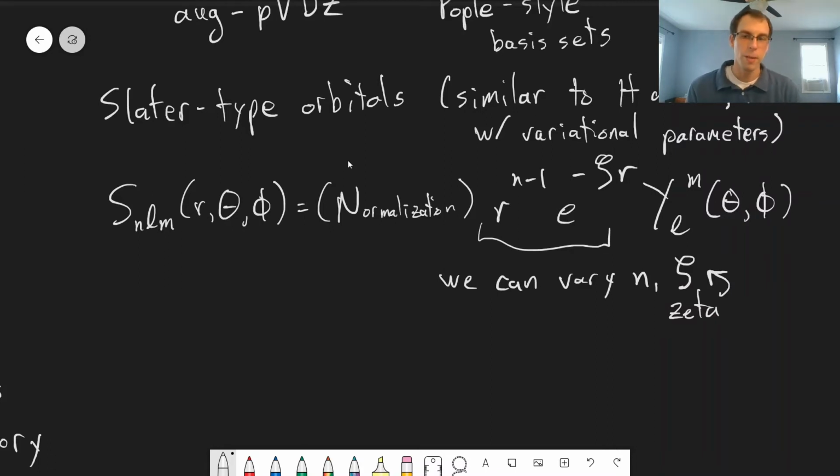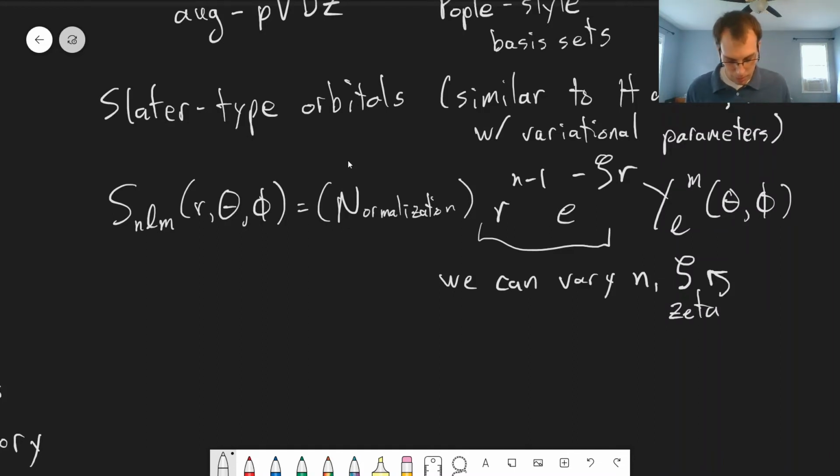Okay, so Slater type orbitals are great. They have the right sort of functional form. We have this negative exponential in the radial part of the wave function. We have this polynomial r to the n minus 1 that shows up. And we can represent the different shapes of the orbitals with the spherical harmonics, the Y_lm, right? That gives us our s and p and d type orbitals that we're used to seeing.